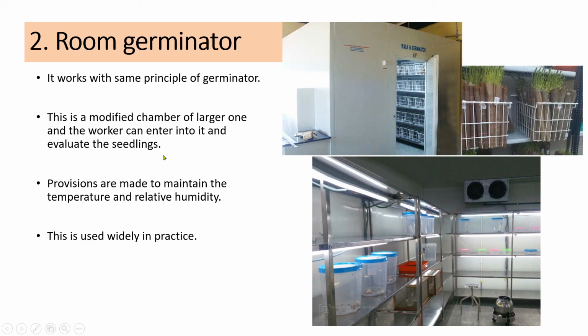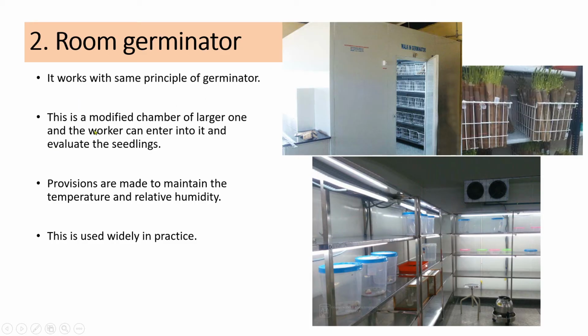Next is a larger form of the germination chamber, which is known as the room germinator. It is needed when you have to go for a germination test of a huge seed load, on a commercial scale.